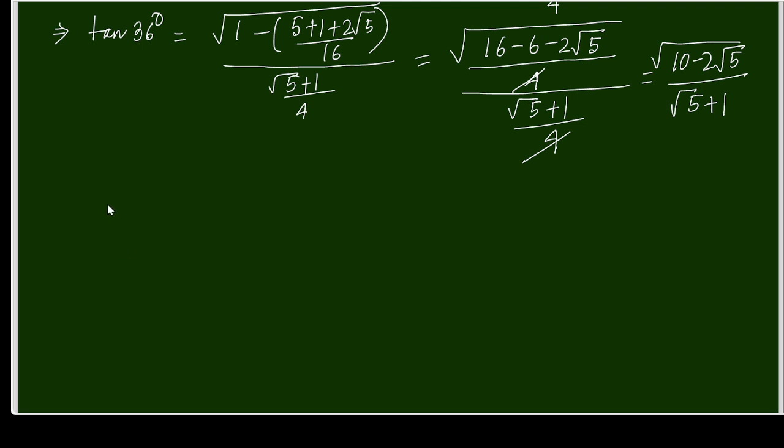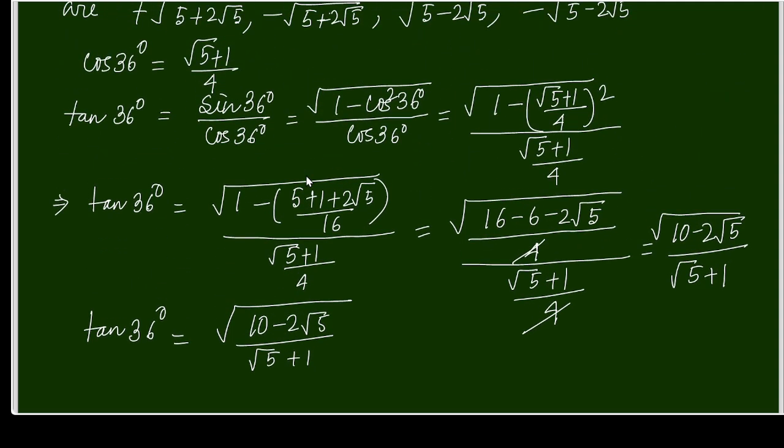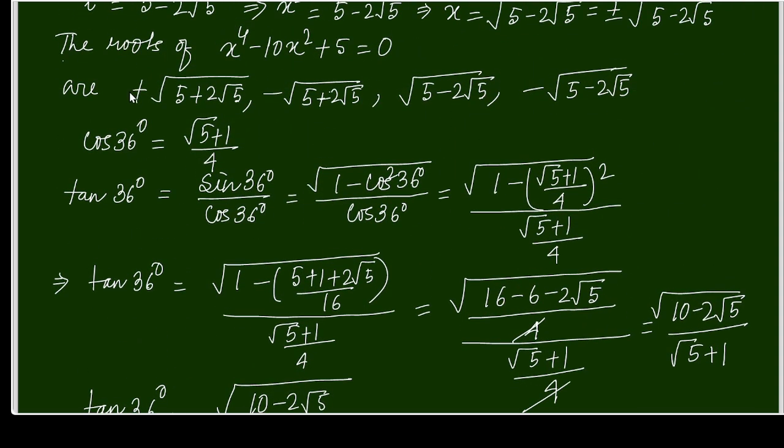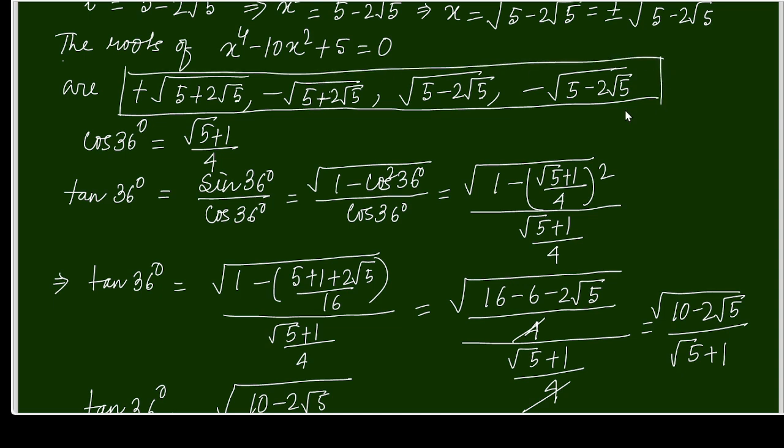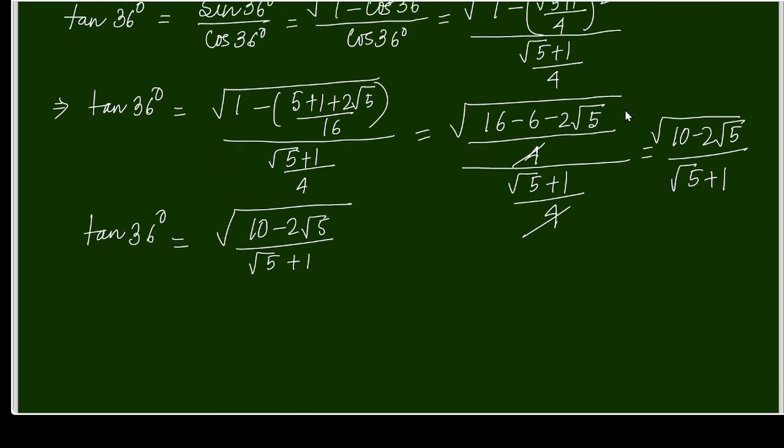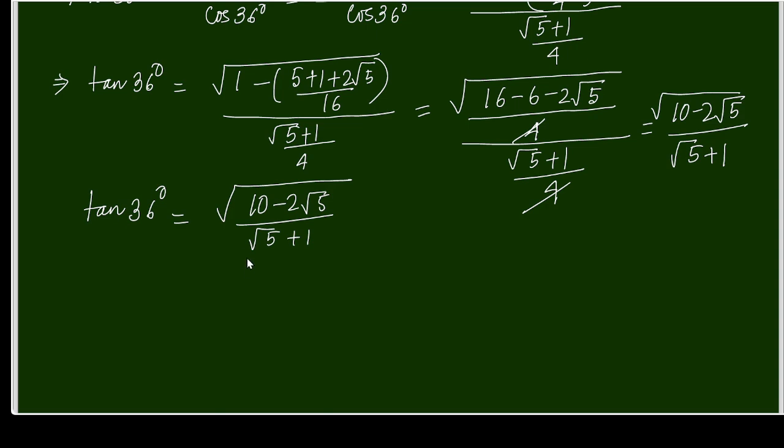So tan 36 degree is equal to the square root of 10 minus 2 root 5 by root 5 plus 1. But this does not match with the answers here. These are the 4 answers, but it does not match with any of them. So we have to bring tan 36 into this form.